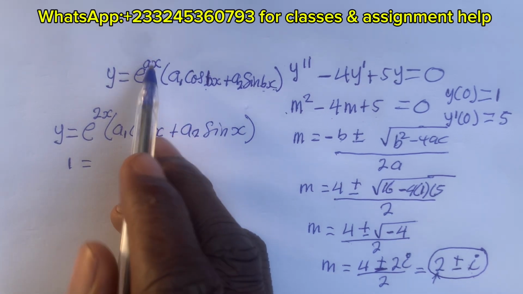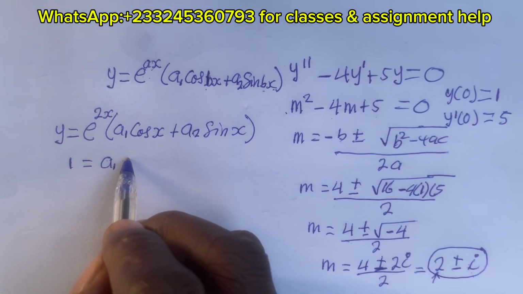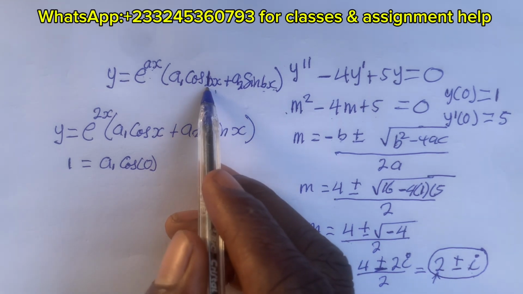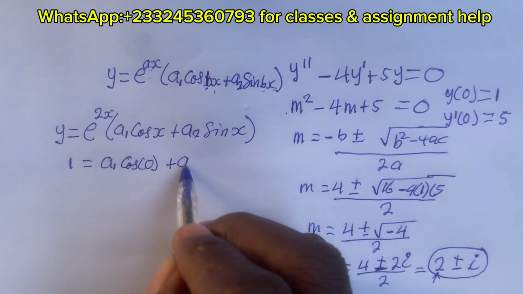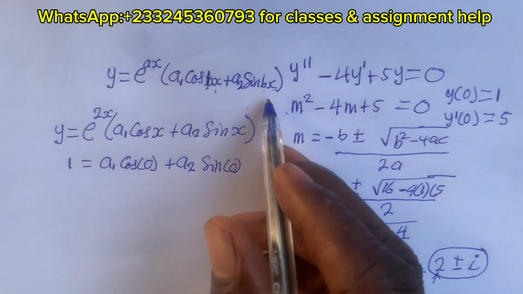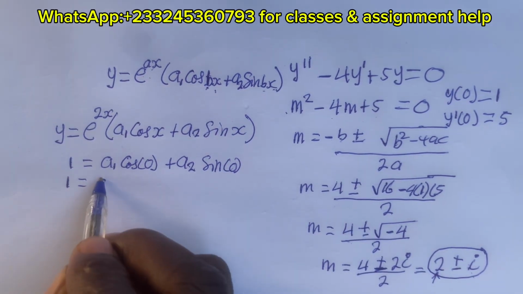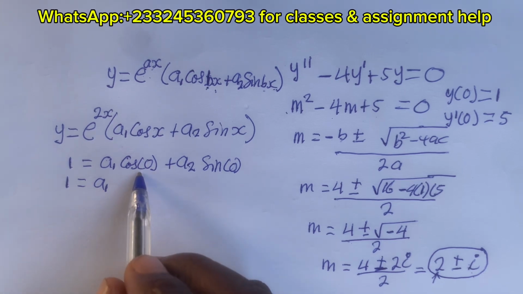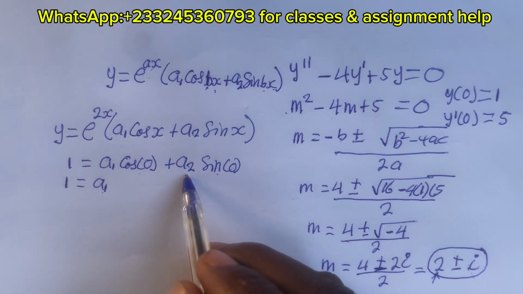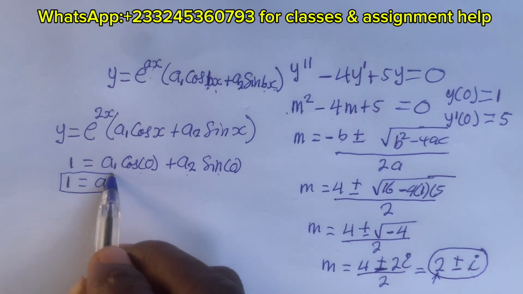So we're going to have a1 cosine of 0, because 0 times b will be 0, plus a2 sine 0. Now we have 1 equals a1, because cosine of 0 is 1, and 1 times a1 is a1. Sine of 0 is 0, and 0 times a2 will be 0. So we have a1 equal to 1.